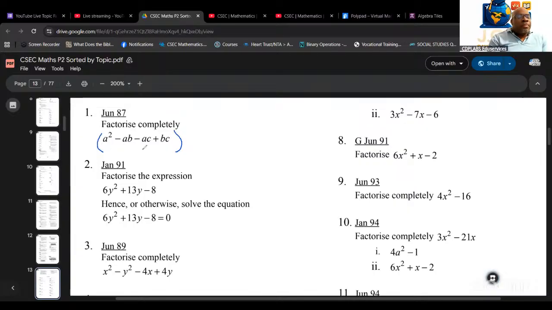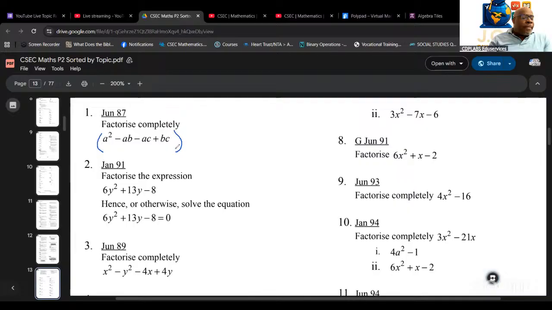Looking at an example like this one, your first step is to identify the common factor. In this case, the letters are factors, A, B, and C. But which one is the most common one? Take a good look.